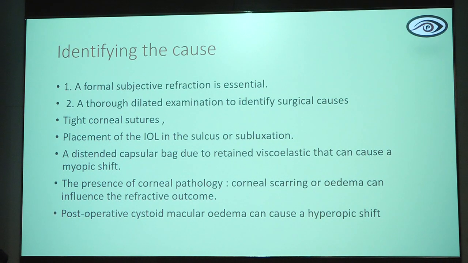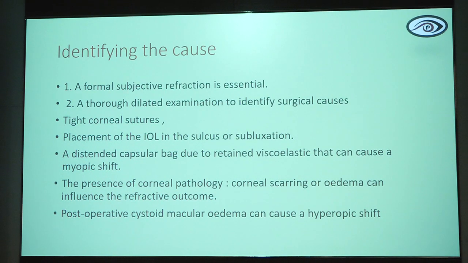Then look at the placement of the intraocular lens, whether it is in the sulcus or subluxated. Optical biometry normally gives values for in-the-bag implantation, but if you put the lens in the sulcus, that itself will give you 0.5 diopters of residual refractive error. So it's very important to implant the lens within the bag.